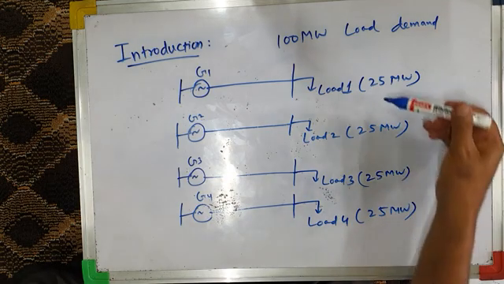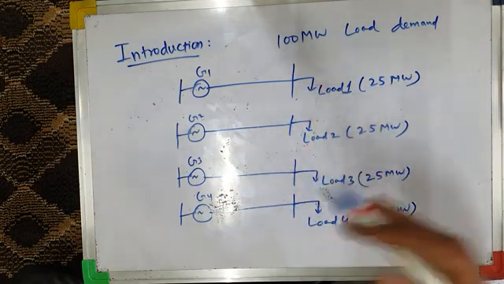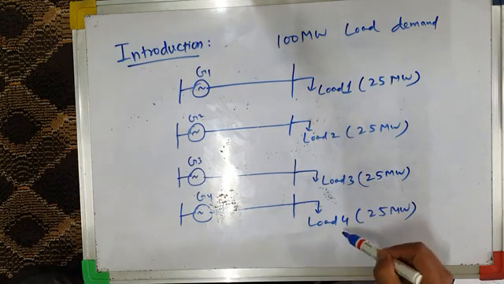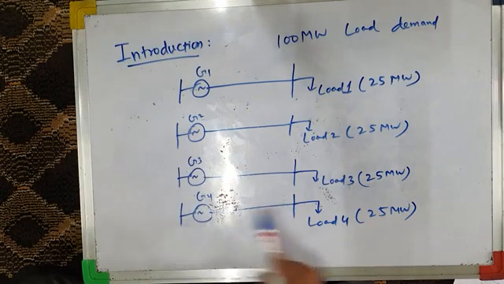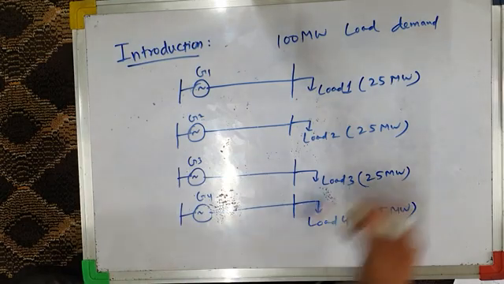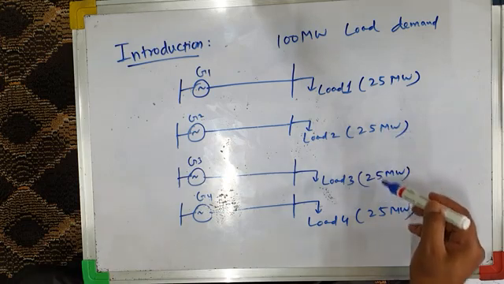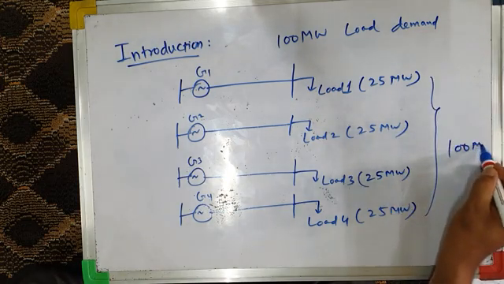So what is the total demand of these four loads? Load 1 may be in one region, load 2 in a different region, similarly load 3 and load 4. Each load is supplied by a separate generating station. Total demand of load is 25 plus 25 plus 25 plus 25, which comes out to be 100 megawatts.